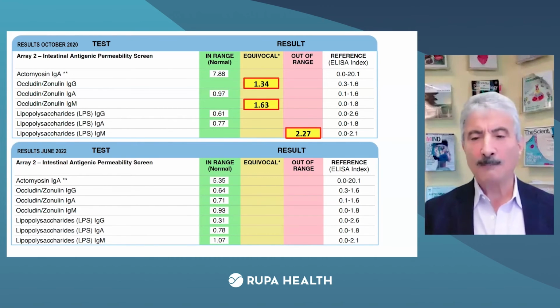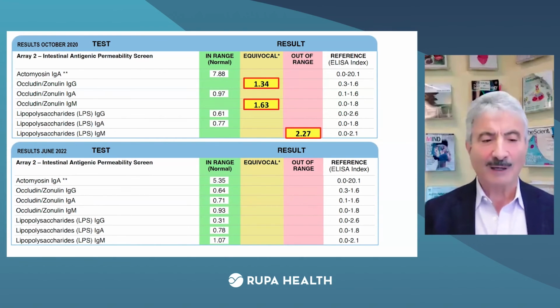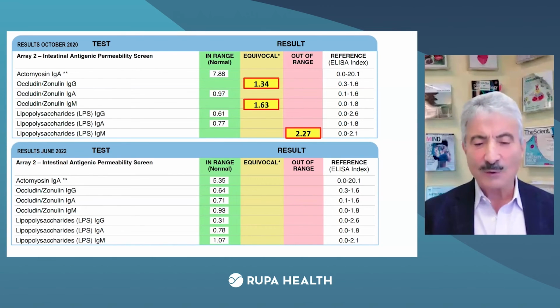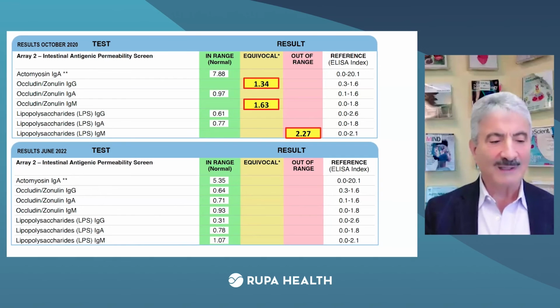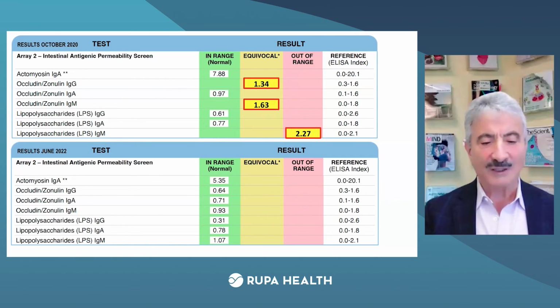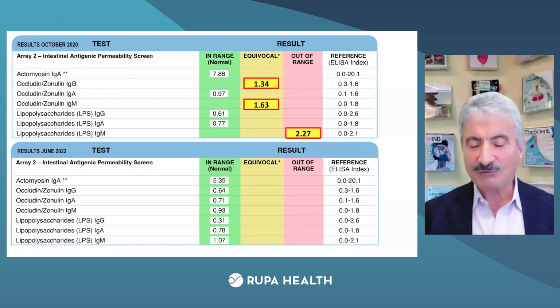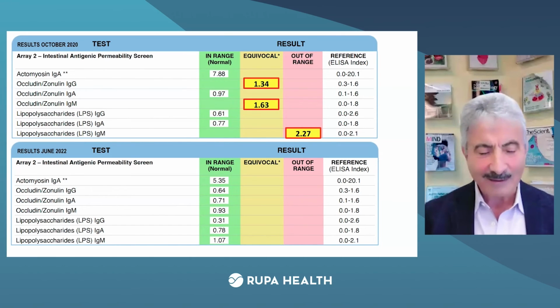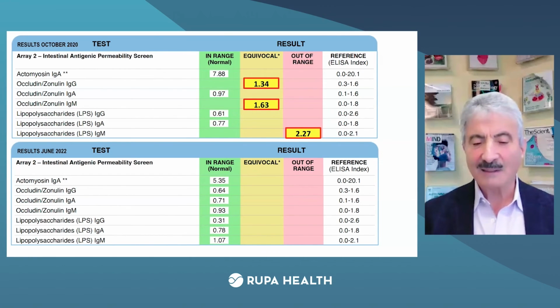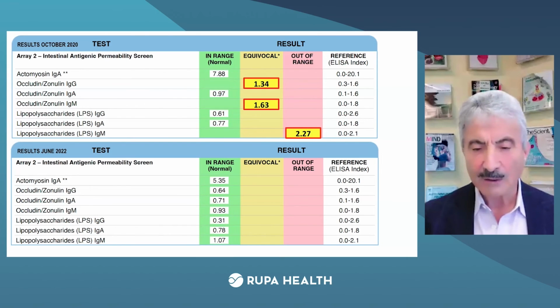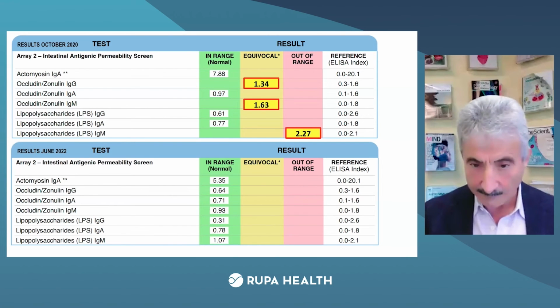So this patient with thyroid autoimmunity had significant abnormalities at the level of leaky gut. Please look at the second test, which was done in June 2022. After treating the patient for leaky gut, the results completely went back to normal.